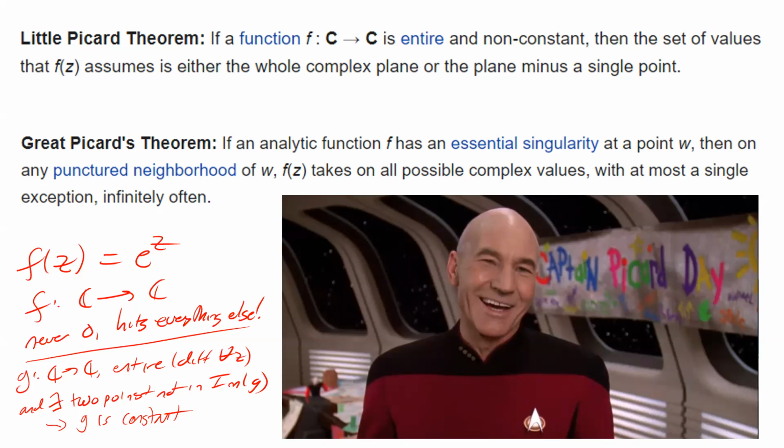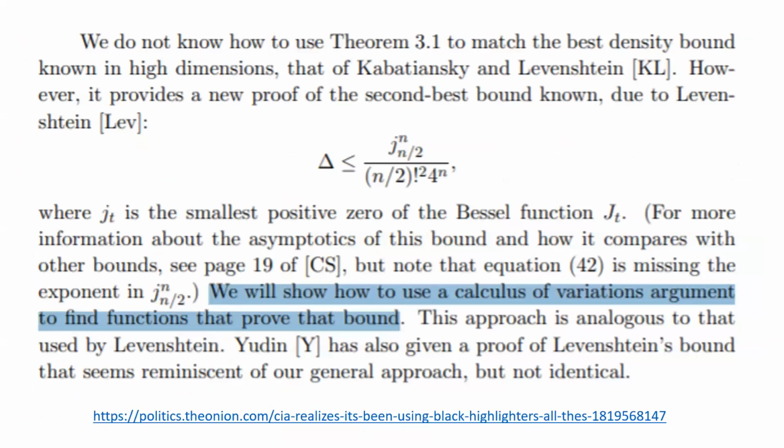Okay, so I'm going to just give you a hint of what is to come for the last class. They unfortunately don't know how to use theorem 3.1 to match all the density bounds in higher dimension, but they've got some various results. And one of the things they're going to do is use a calculus of variations argument. So I'm curious, how many of you have ever seen calculus of variations? Okay, this is a phenomenally useful worldview.